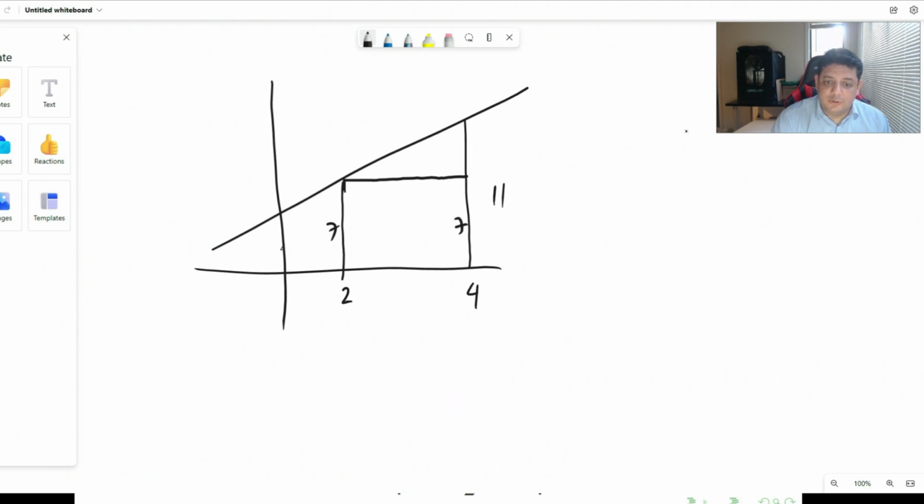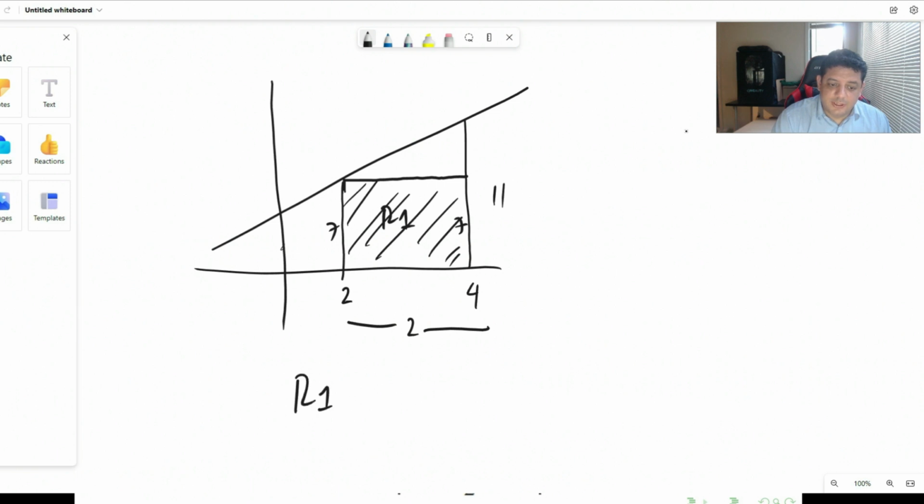So this measures 7, and the difference between 2 and 4 is going to be 2. So of course the area of this rectangle, I'm going to call it region 1, is going to be 2 times 7, which is 14. Now this second area, the area of this triangle, is going to be base 2 by height.